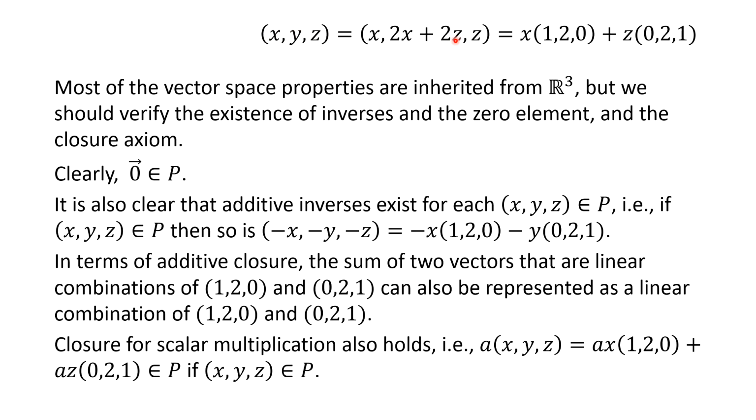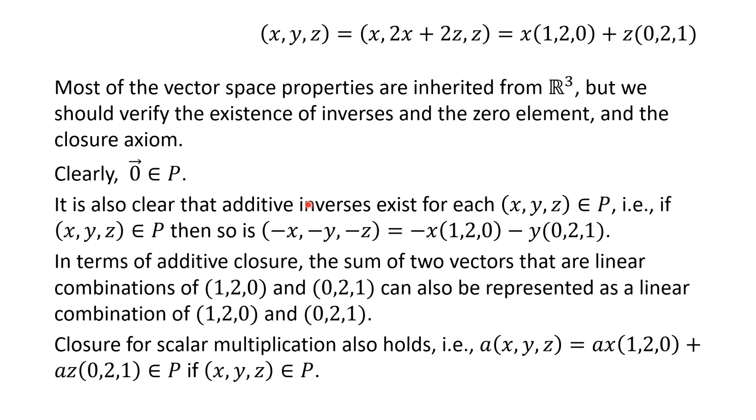I wrote our formula here at the top that we derived on the previous slide. So we want to show the rest of the axioms for a vector space for our set P. We already showed there was 0. We can show it again here. If you just take x and z equal to 0, this gives you the 0 vector. So that's in there.